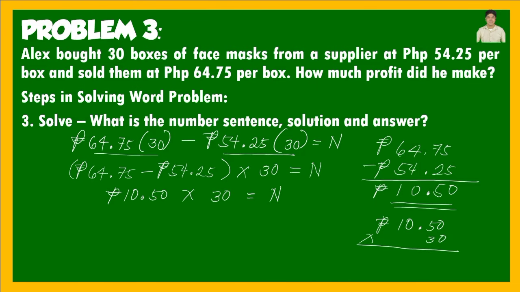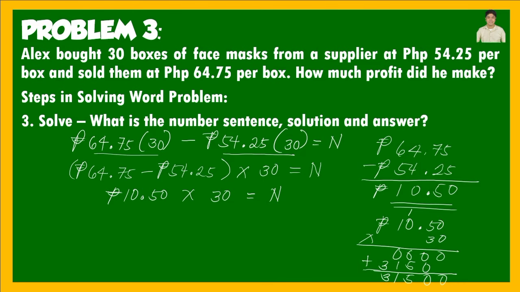So, 10 pesos and 50 centavos times 30. 0 times 0, so let's put 4 zeros. 3 times 0, that is 0. 3 times 5, 15. So, write 5, then carry 1. 0 times 3, 0 plus 1, that is 1. Then, finally, 1 times 3, 3. So, we add 0, 0, 5, 1, 3.